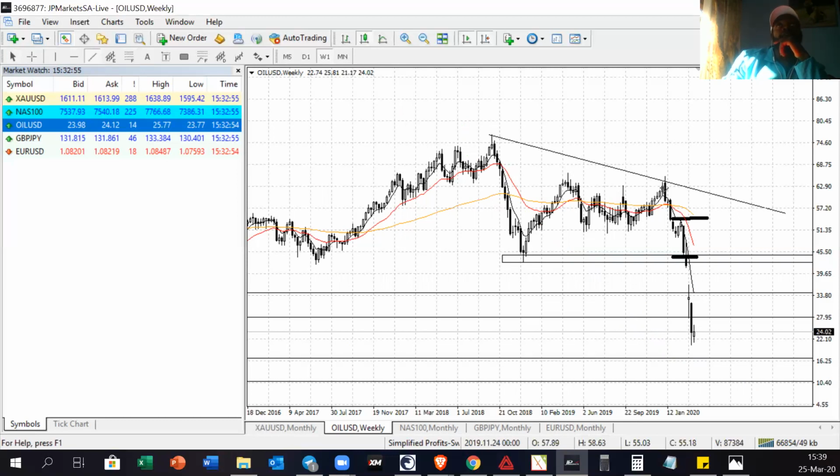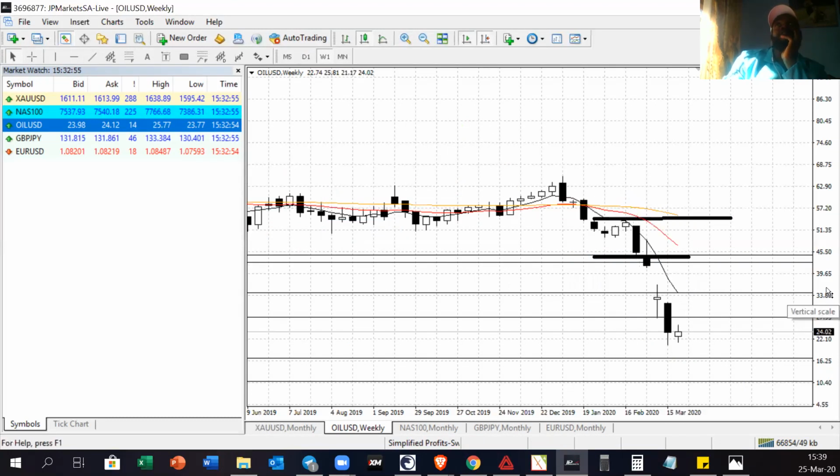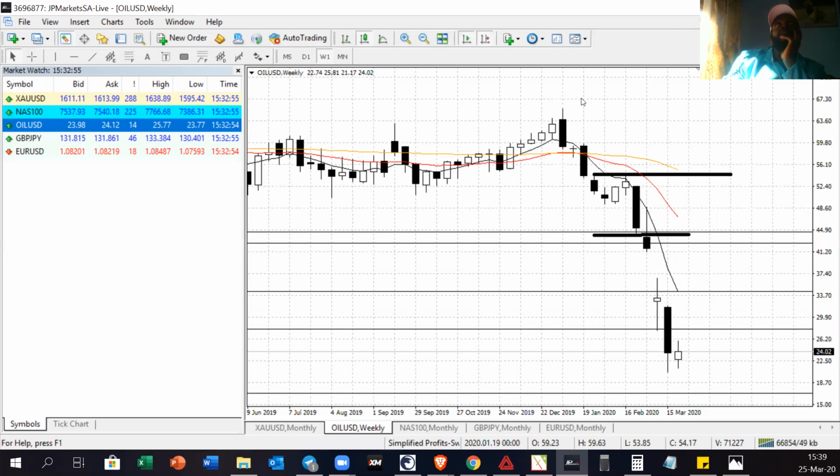Our downtrend, right? But we don't need this because we've got the moving average. Anyway, more information, and we're going to identify the extremes of last week.